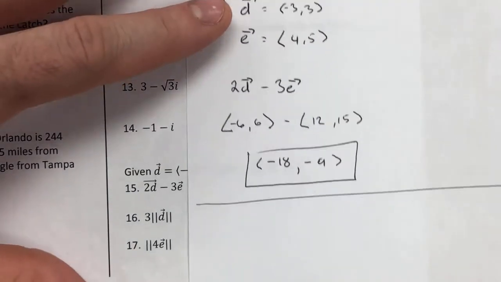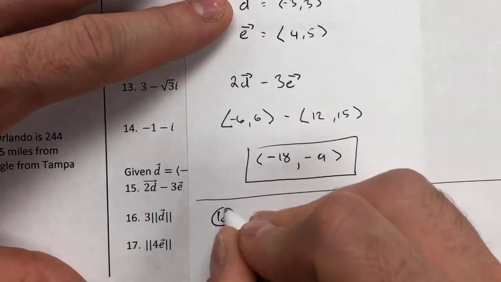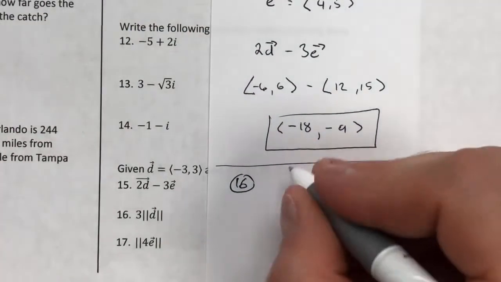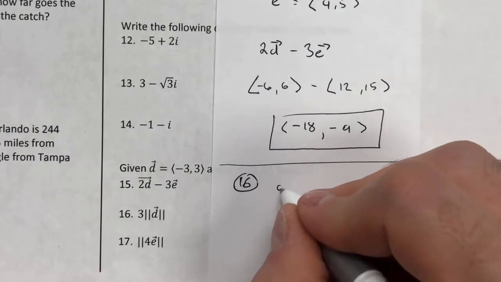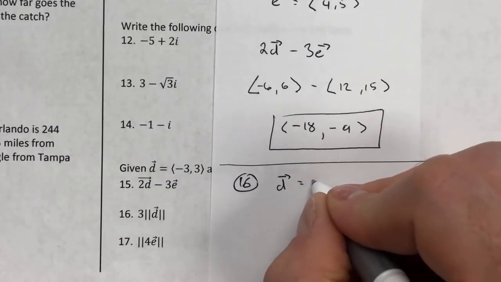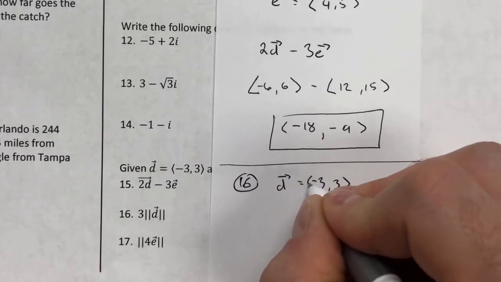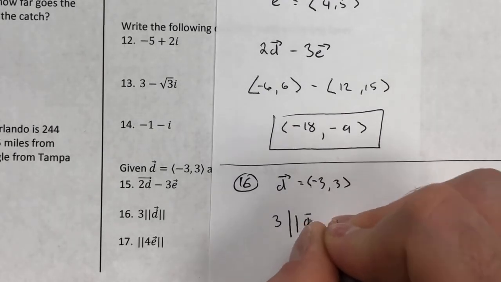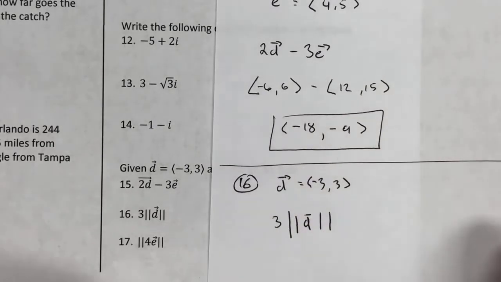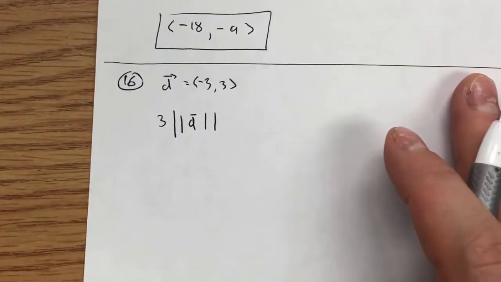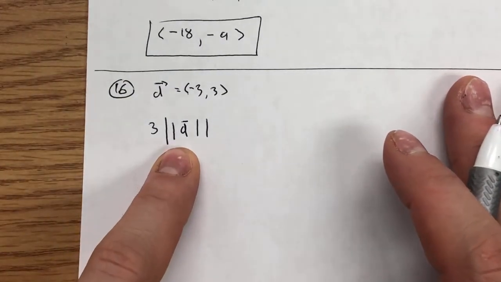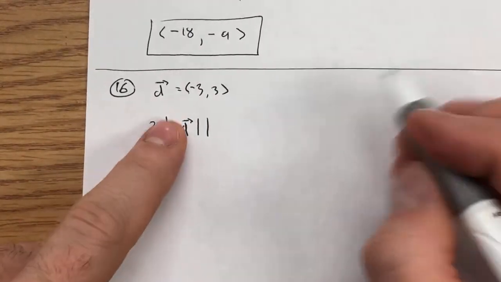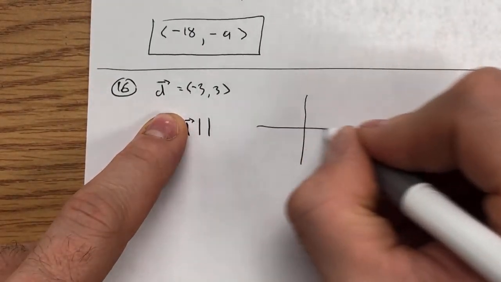Then if I jump down to number 16, I want to find out what 3 times the magnitude of D is. Vector D is negative 3, 3. When we find the magnitude of a vector, I just need to figure out the distance, or the magnitude.